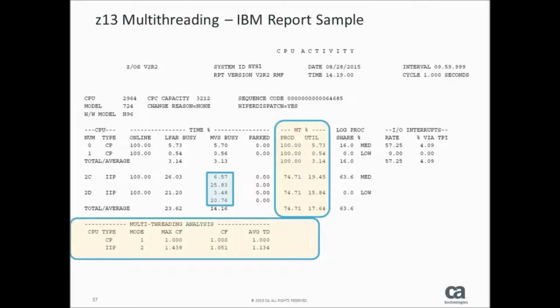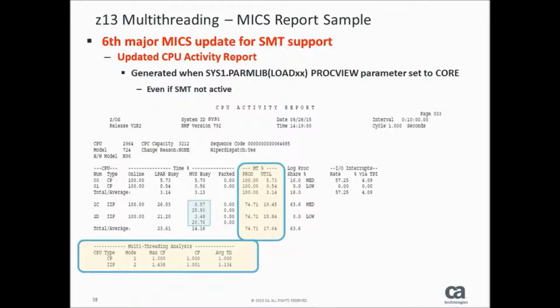There's a lot of good information on the web from IBM presenters that go into this in more detail. And I want to show you real quick, this is an IBM RMF60 generated report sample from the exact same data, and we exactly match IBM's results.